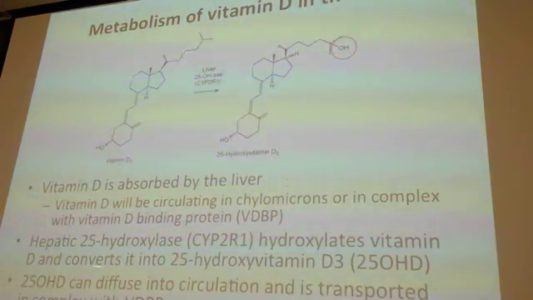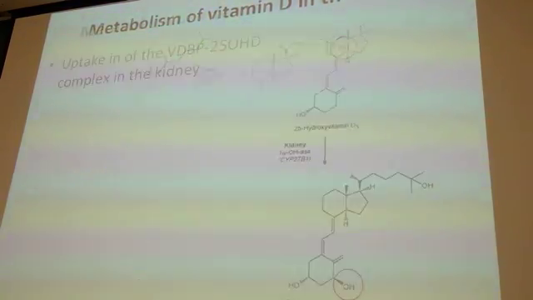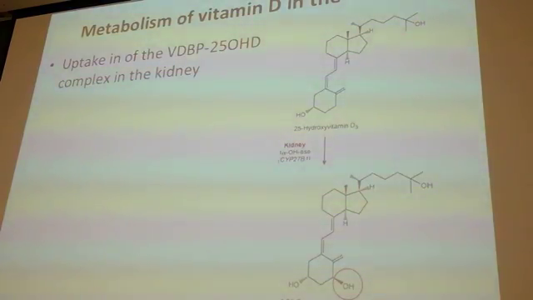So this form, 25-hydroxy-D, can then be released from the liver, and it's going to diffuse in circulation in complex with that vitamin D binding protein, vitamin D BP. It's then taken up into the kidney where it's going to undergo that second hydroxylation reaction.